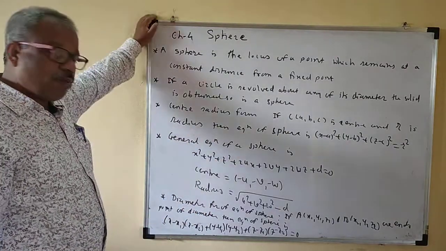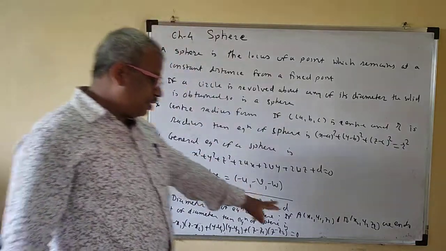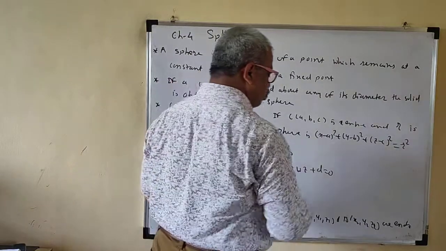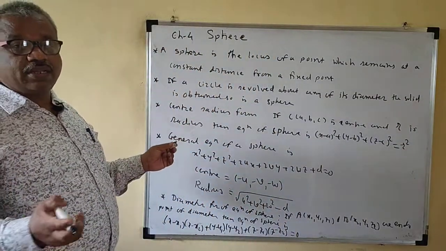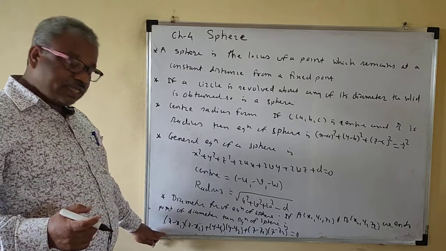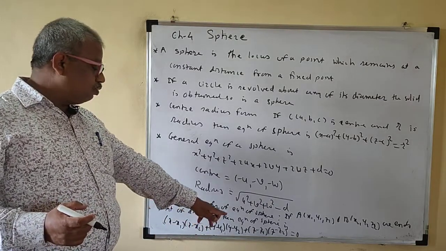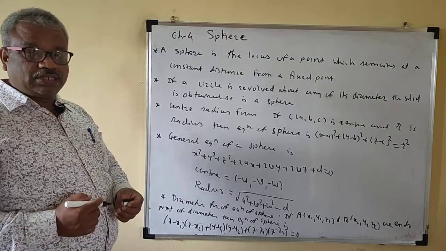Now the diameter form of the equation of the sphere. If A(x1, y1, z1) and B(x2, y2, z2) are the end points of the diameter, then the equation of the sphere is (x minus x1)(x minus x2) plus (y minus y1)(y minus y2) plus (z minus z1)(z minus z2) is equal to 0.